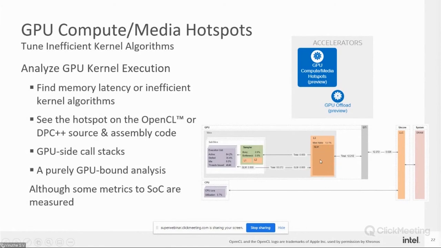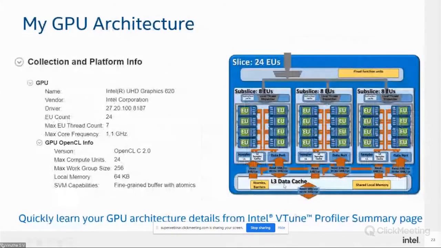Within L3, we have the smaller shared local memory. Next to that level, we have L2 and L1, which directly feed the execution units. So this architecture is just to help you understand the platform diagram that you get from compute media hotspot analysis, just to correlate that.